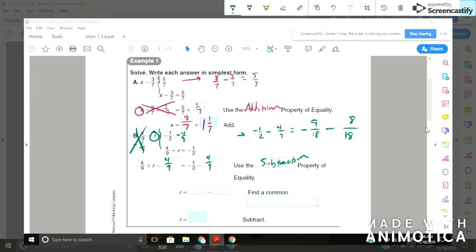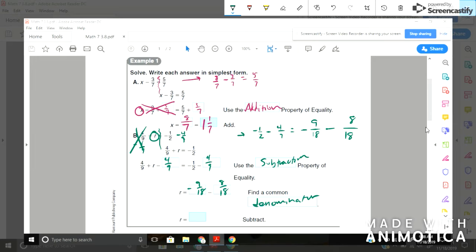So I've got r equals negative 9/18 minus 8/18. I found a common denominator.